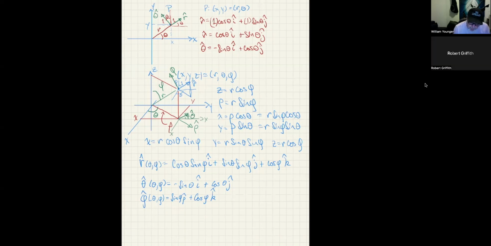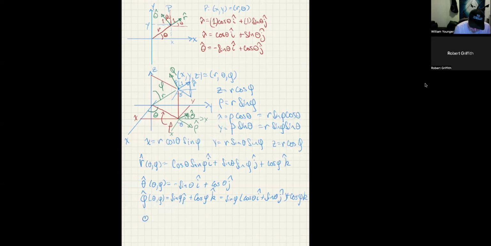You can see that rho hat would have components of, this angle is theta right here, so cosine theta i hat plus sine theta j hat.